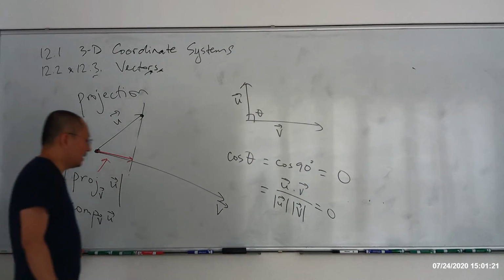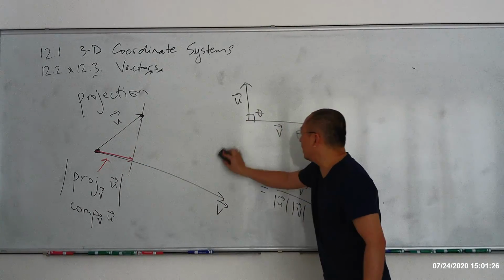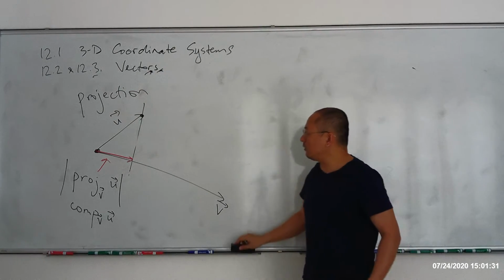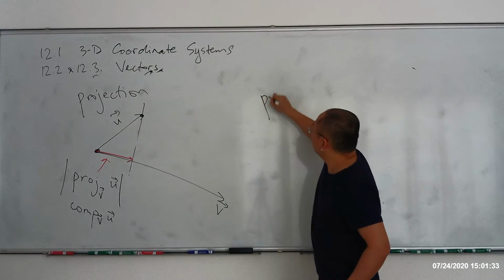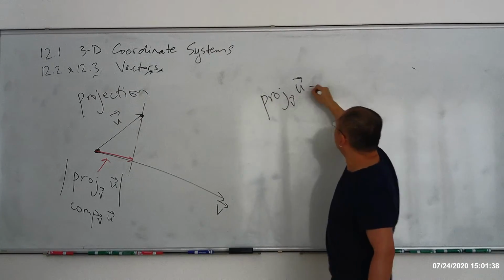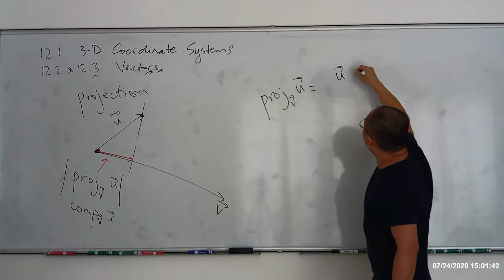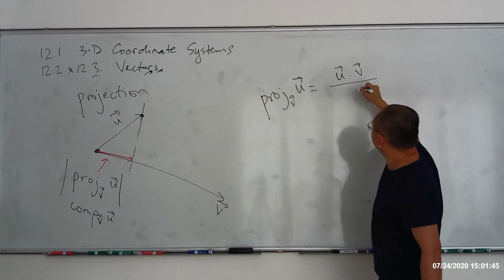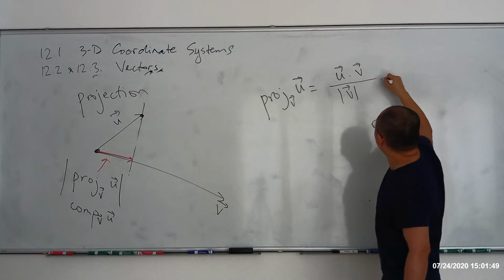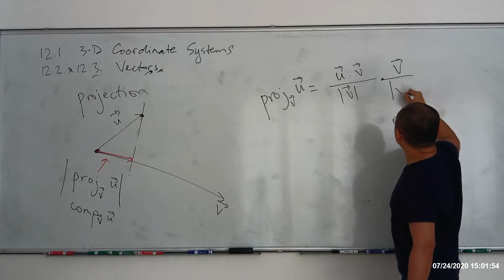Then last thing, how do you find the projection of a vector on another vector if you know the two original vectors? If you know u and v, the projection of vector u on the direction of vector v is vector u dot vector v over the absolute value of vector v, times vector v over the absolute value of vector v.